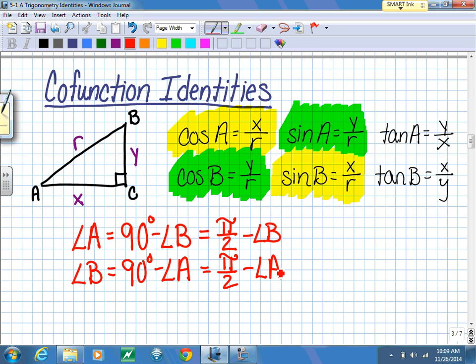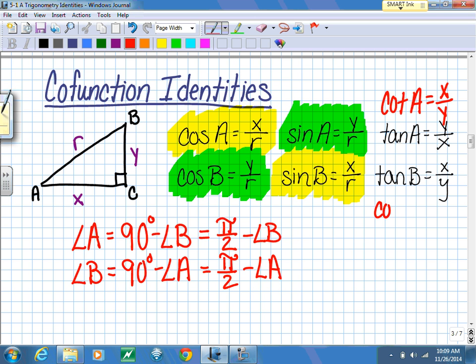This is going to give us some new identities showing that we can have sine and cosine being equal to each other as long as we change one of the angles. Now this also works with tangent, but we have to look at the cotangents. If I take the cotangent of angle A, I get x over y.